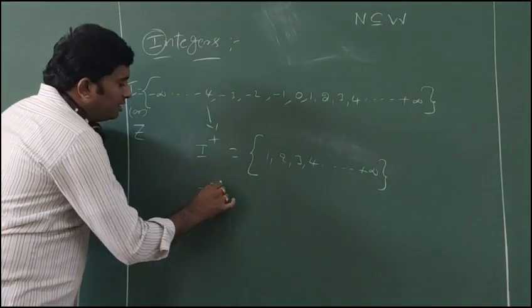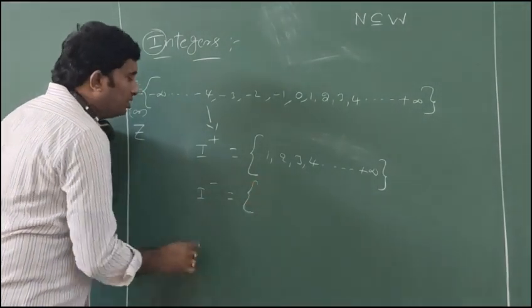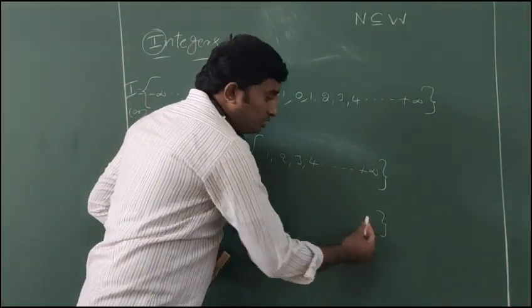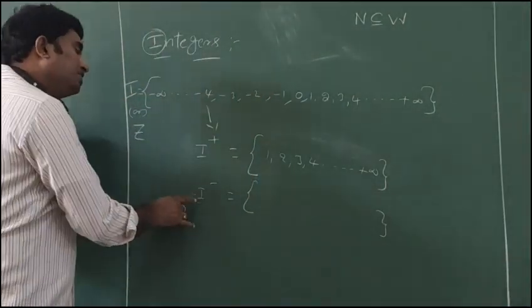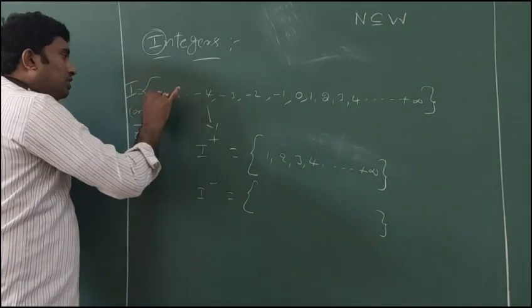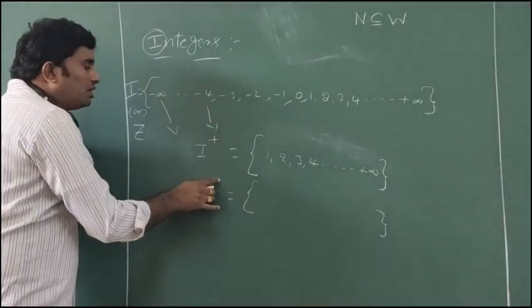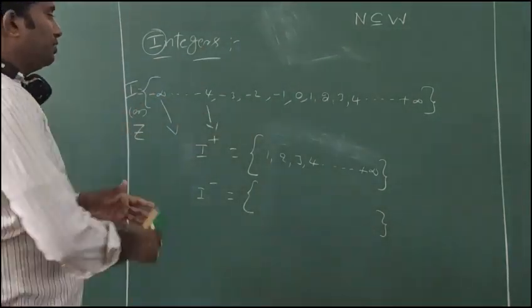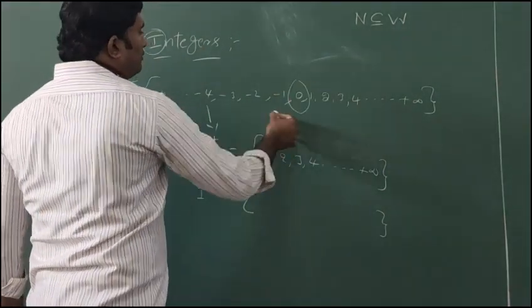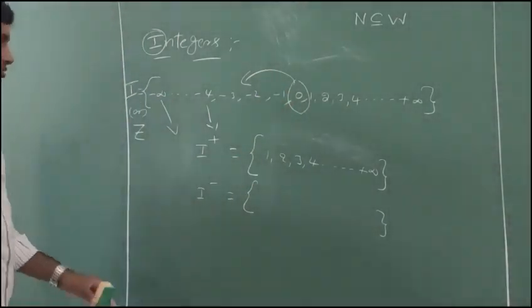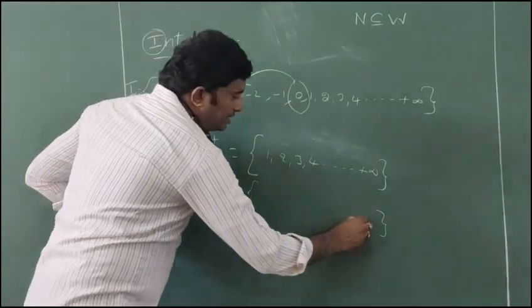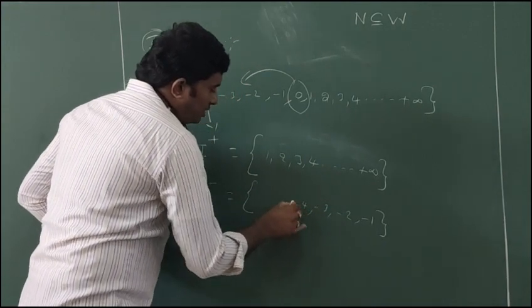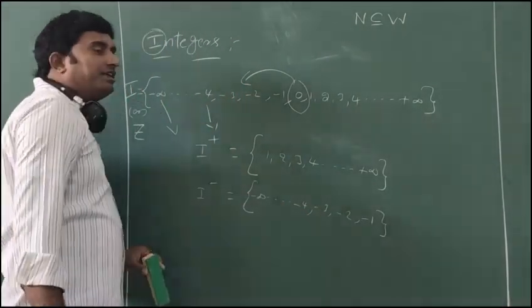Next, I minus. What is the meaning of I minus? It is also a set, and a set means a collection. We are collecting integers from the same set which are negative, meaning the left side of 0. Minus 1, minus 2, minus 3, minus 4, up to minus infinity.